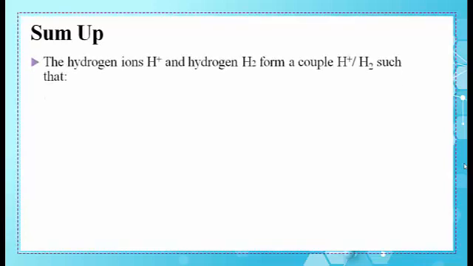Now, let's sum up what we have learned about the H+/H2 couple. First, we said that the hydrogen ions H+ and the hydrogen gas H2 form a couple H+/H2 such that 2H+ plus 2 electrons are reduced to give H2, or H2 is oxidized to give 2H+ plus 2 electrons.